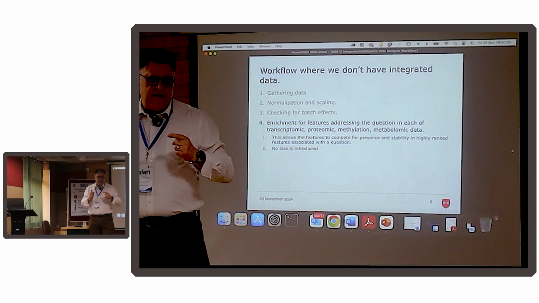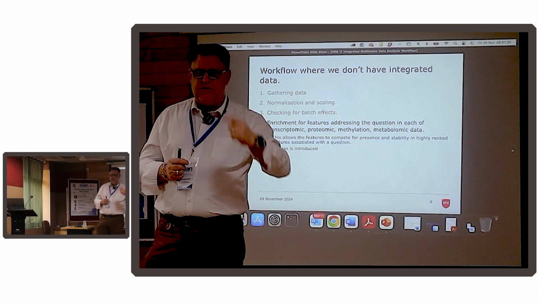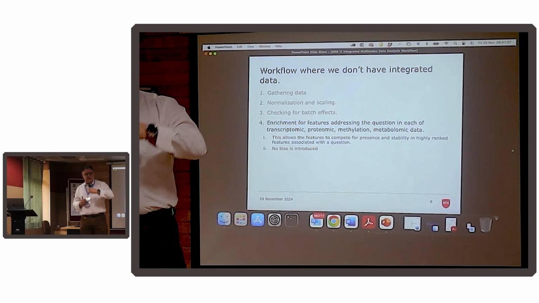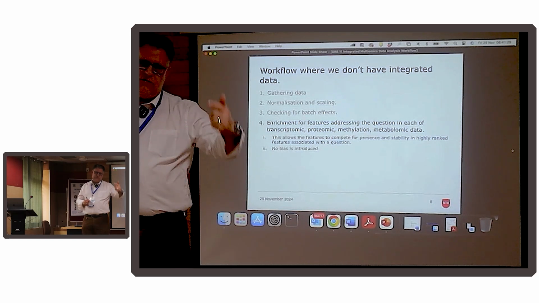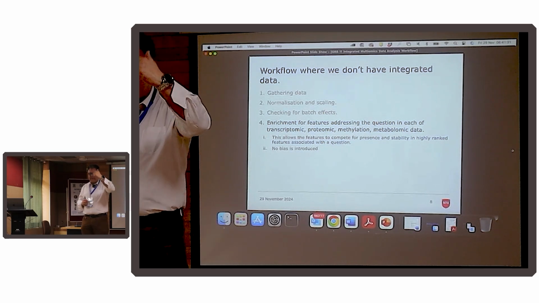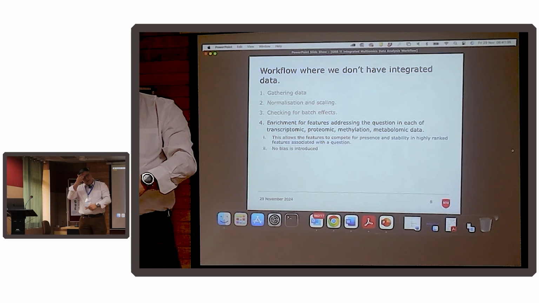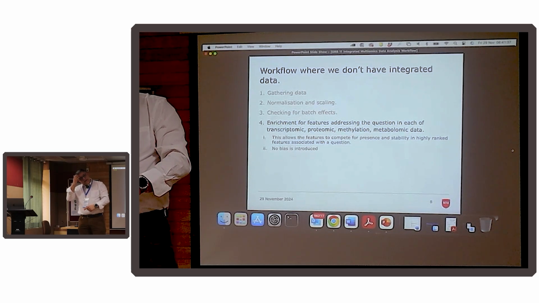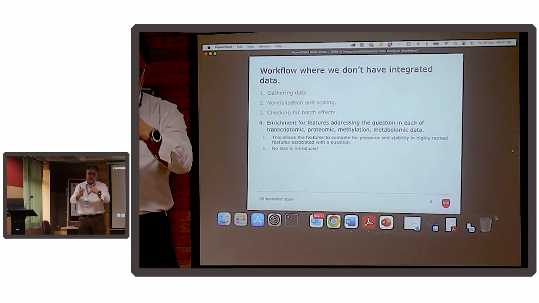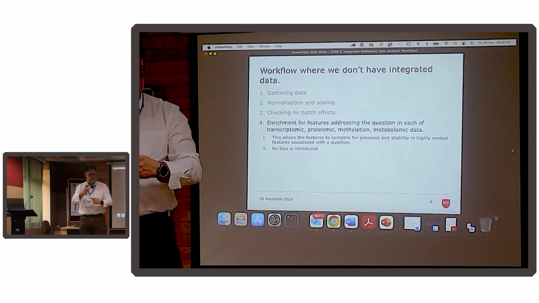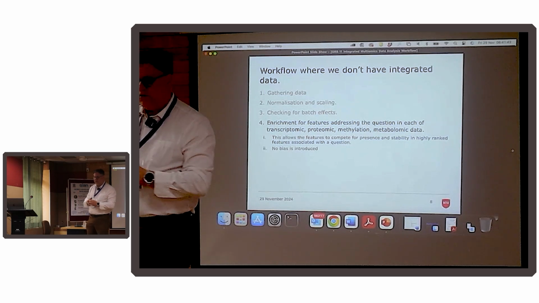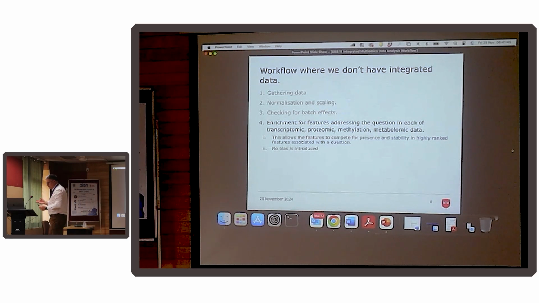But what we can do here is start to look for the co-occurrence of things. So does something crop up in the gene at the transcript level, and also crop up in the methylation level, and also crop up in the proteomic level? But we can't really say these are competing with one another, because the answer is coming from a different data set. So it's harder to do integration unless we've got a contiguous data set.